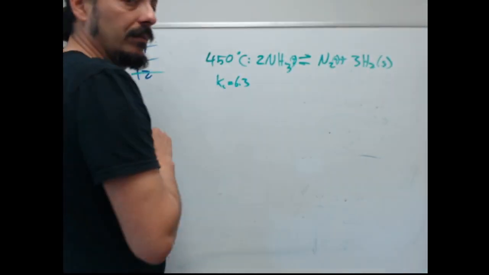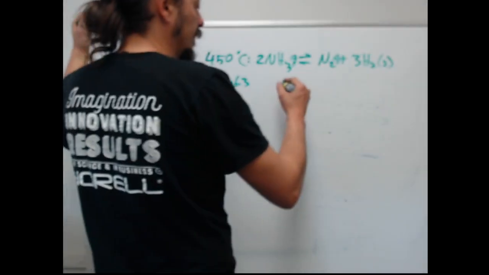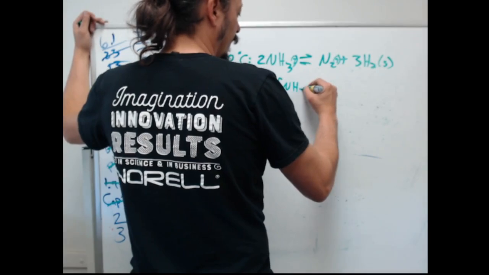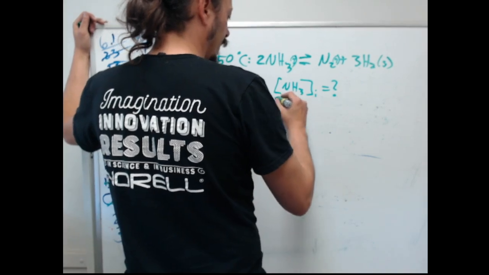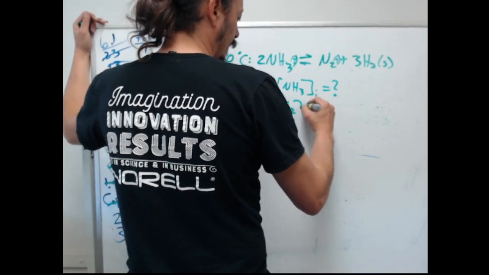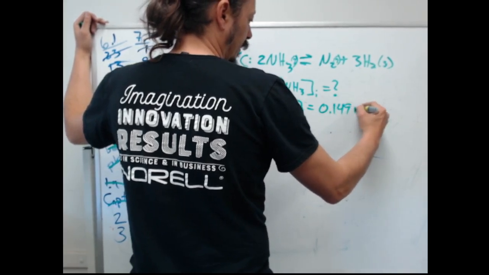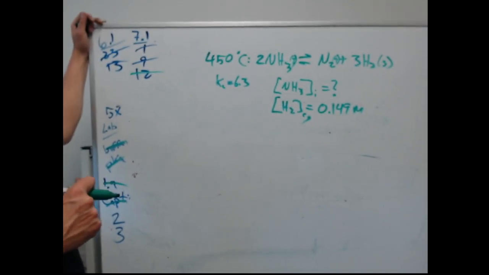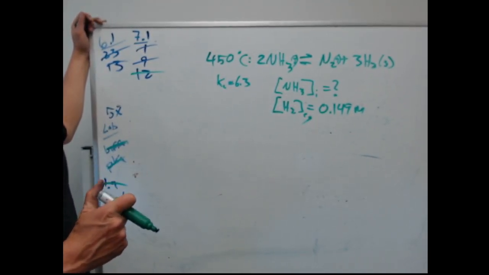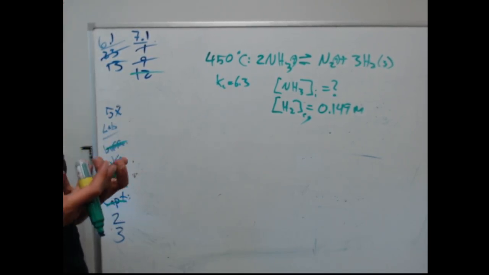An unknown quantity of NH3 is placed in a reaction flask with no N2 or H2 and is allowed to come to equilibrium at 450 degrees Celsius. The equilibrium concentration of H2 is then determined to be 0.149 molarity. Determine the initial concentration of NH3 placed in the flask. How is this even possible? I'm teasing. This is backwards from what we usually do.